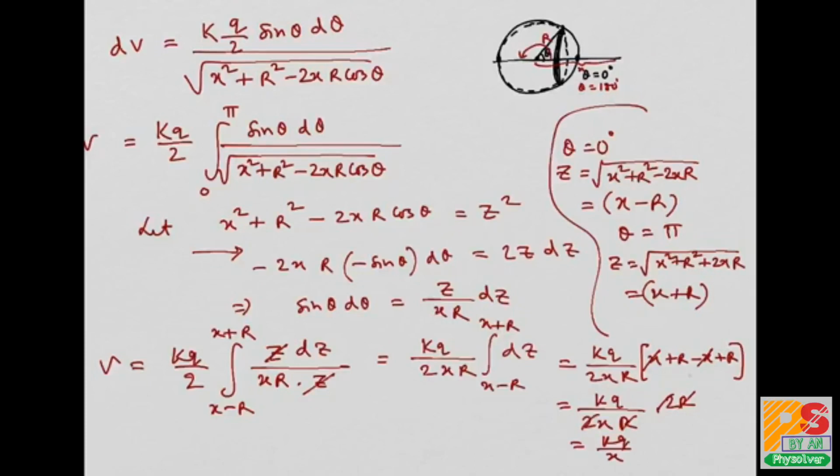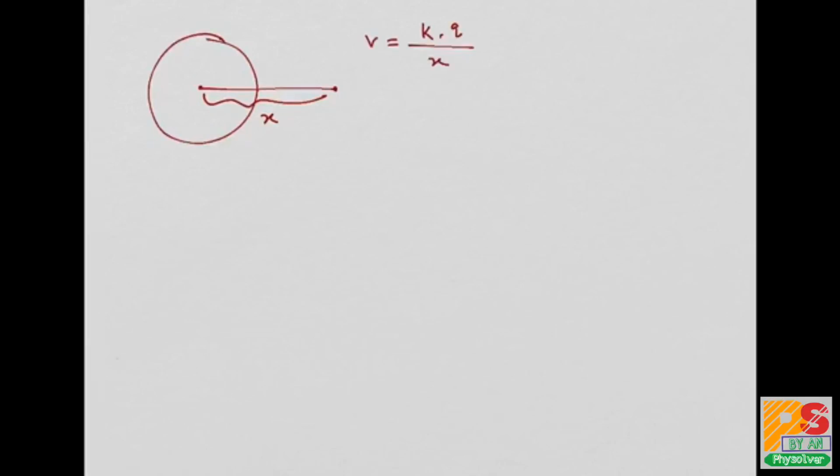Now that is the answer for this part, kq by x. Therefore I can say for a uniformly charged spherical shell, potential at a point outside the shell is given by k into total charge on the shell divided by distance from the center, kq by x.